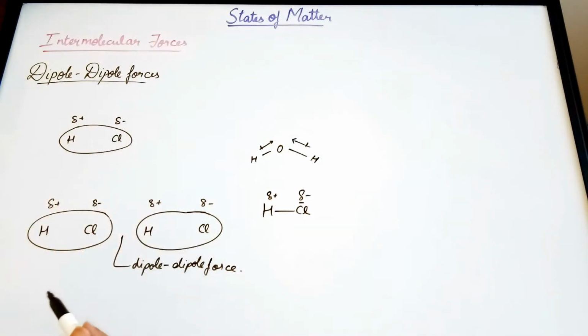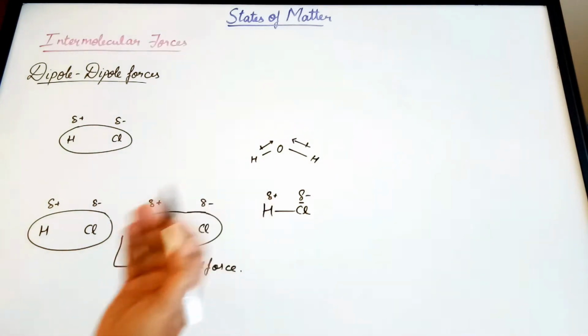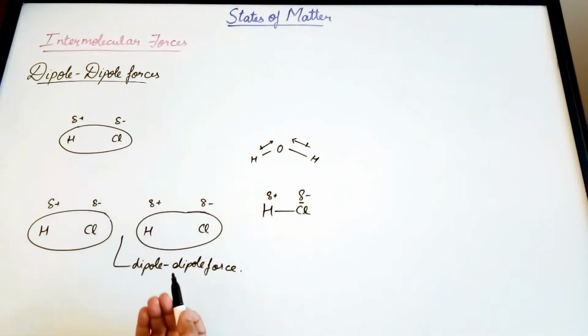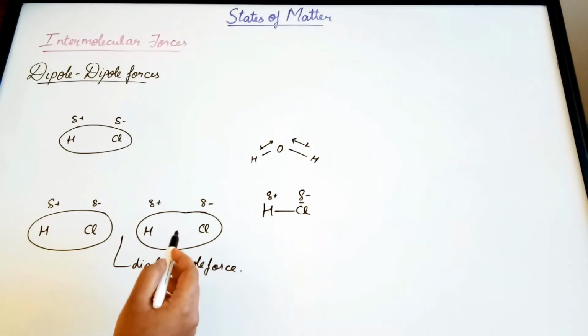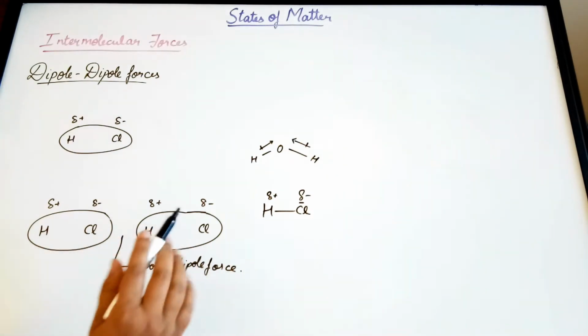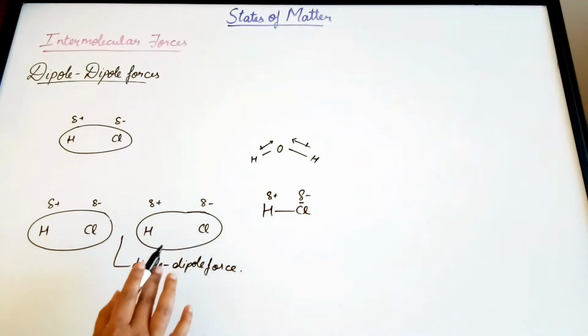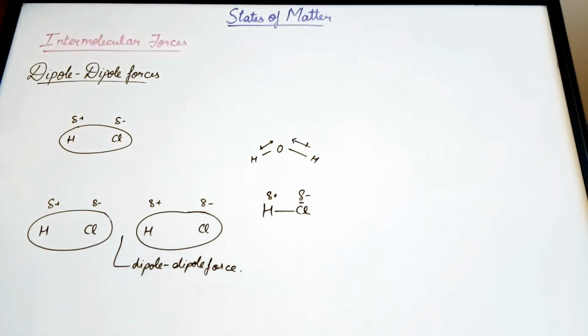Now, one important thing we need to remember is that the partial charges are obviously going to be lesser than that of the electronic charges. So, electronic charge is 1.6 into 10 to the power minus 19 coulombs, and partial charge will always be less than that value. So, because of that, these forces are stronger than the London forces or the dispersion forces.